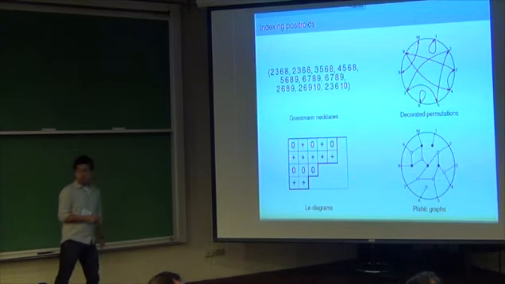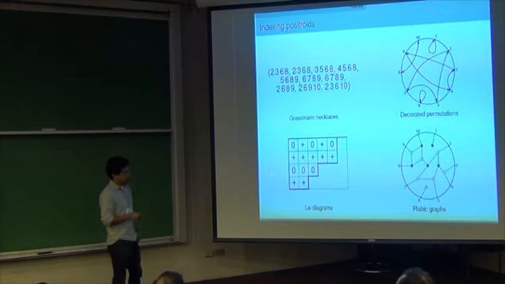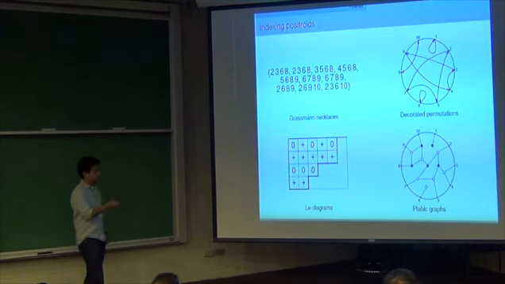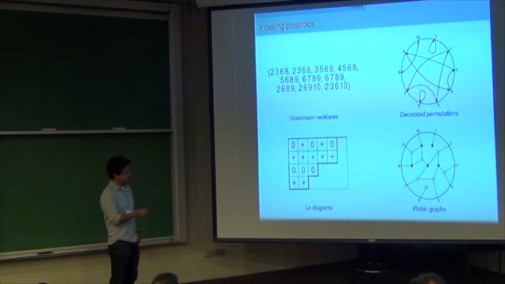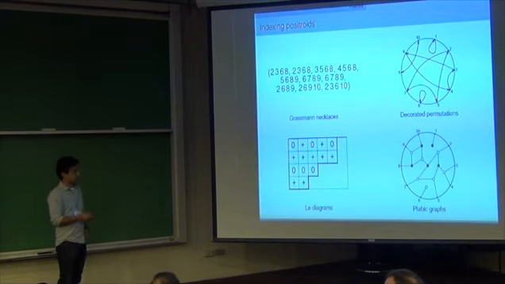Another way of thinking about positroids is via their le-diagram. A le-diagram is simply a filling of a Young diagram with zeros and pluses, and they have to satisfy some special condition, some kind of L condition that I'm not going to tell you about.